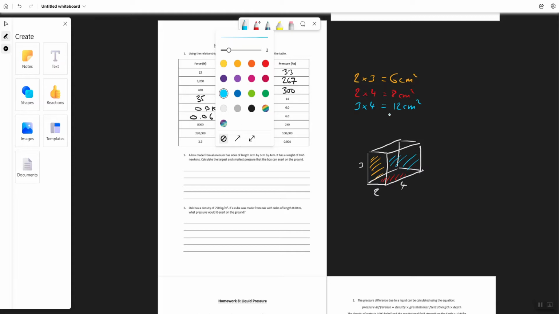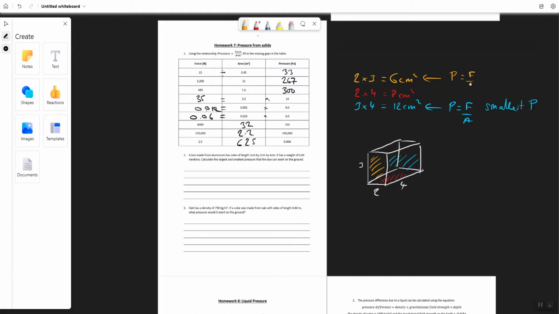And given the same object, as pressure is equal to force over area, the biggest area is going to give the smallest pressure, and the smallest area is going to give the largest pressure.